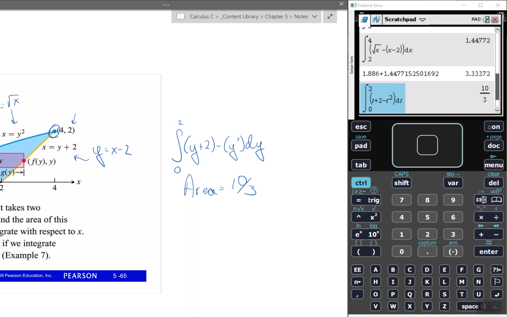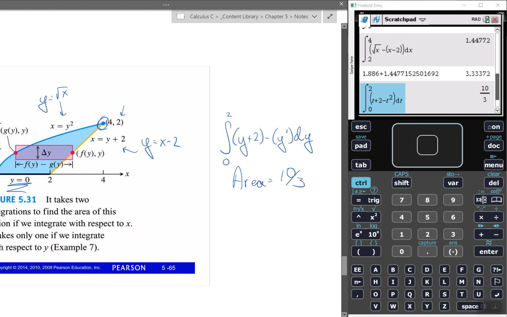If they give the function to you in a standard form, then you're solving it one way or the other. I would suggest trying to keep it into one integral instead of two separate integrals to add. But that's only if they give you, say, x minus y squared equals 0, more of a standard form problem.